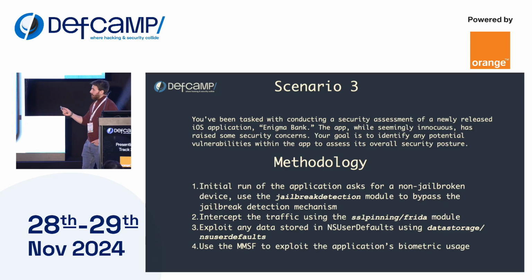The task is to do a full penetration test against the iOS application. What I always do is try to have access to the application on a rooted, jailbroken device, because I can intercept the traffic and do most of the things that I'm not able to do on a normal device. So this will be the first thing that I'm doing, and after that I will try to intercept the traffic.